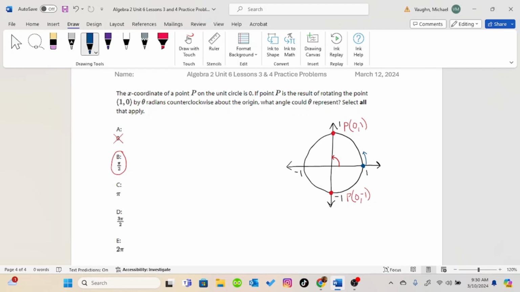Next, choice C says pi. Well, pi is a rotation of half the circle. Now I'm over here at (-1, 0), and I'm not at either of the red points, so C cannot be correct.